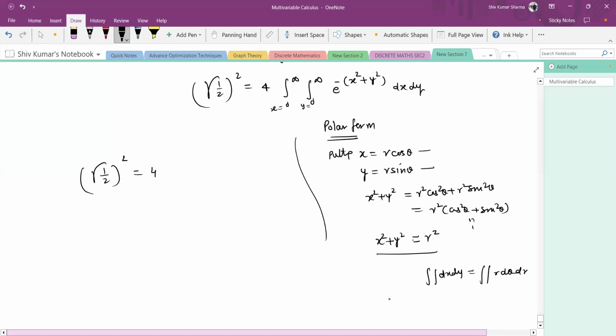When we put x equal to 0, it gives cos theta equal to 0, which gives the limit theta equal to 0 to pi by 2.